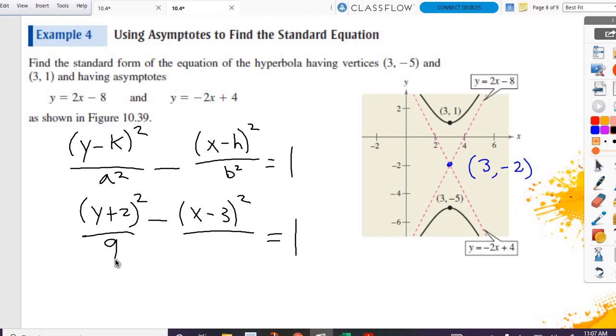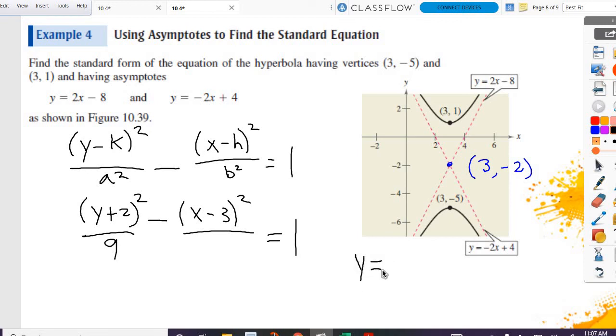Now this time, did they give us any information about our foci or our C value? No. But what did they give us? They give us our asymptotes. So this time, we don't have to find the equation of our asymptotes, but we do have to use those equations that we had on the previous page because we have to figure out what B is. So what was our equation for our asymptote?